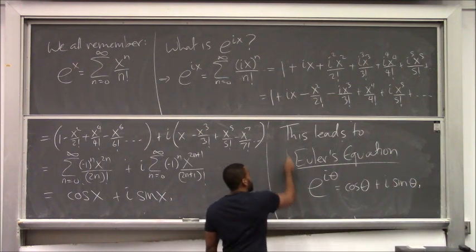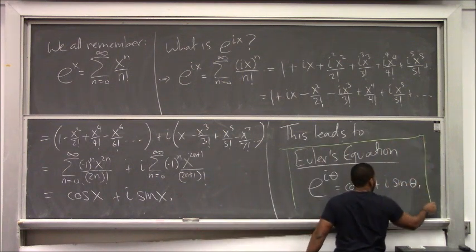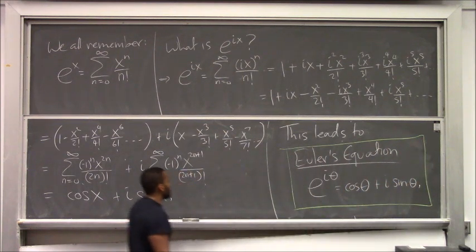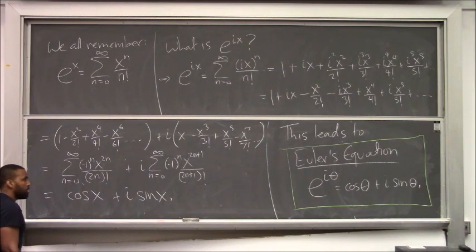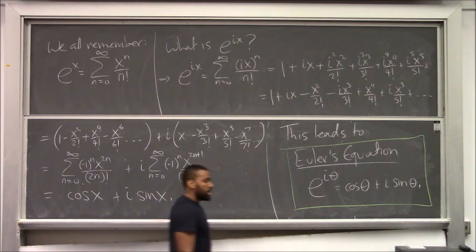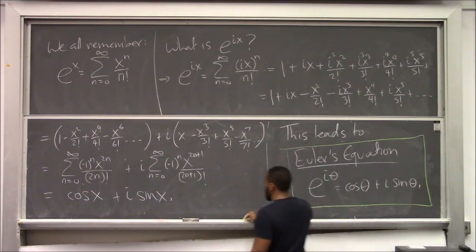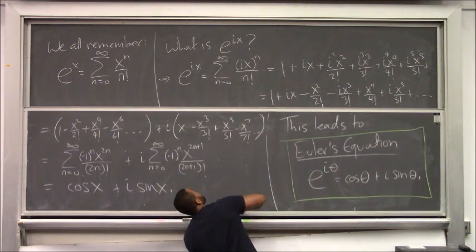It's called Euler's equation. Now, many people believe that this formula gives rise to the most beautiful equation in all of mathematics.